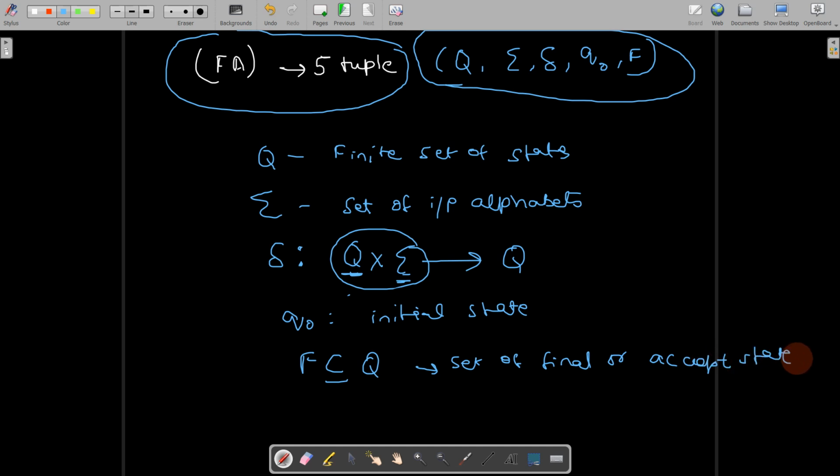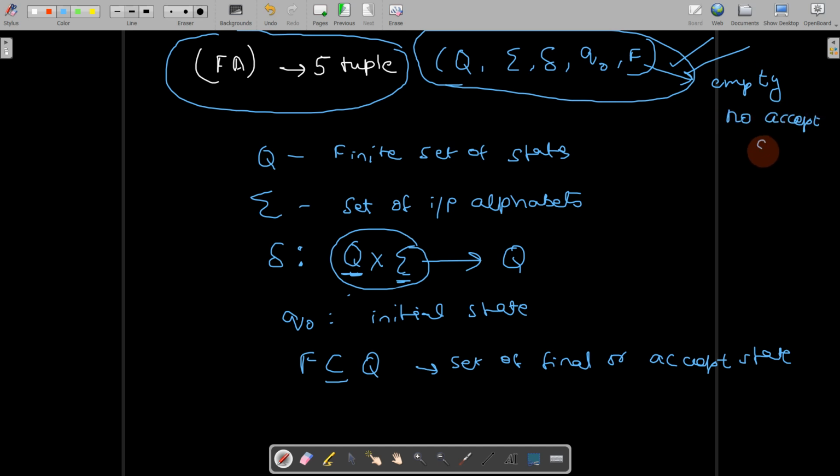Now let us try to understand why we are representing a finite state machine as a set of five pieces of information when intuitively it is far easier to understand what a finite automata is. If somebody wants to understand the necessary conditions for a machine to be a finite automata, whether the set of final states can be empty, that means, can we have a valid finite automata that has no accept state?